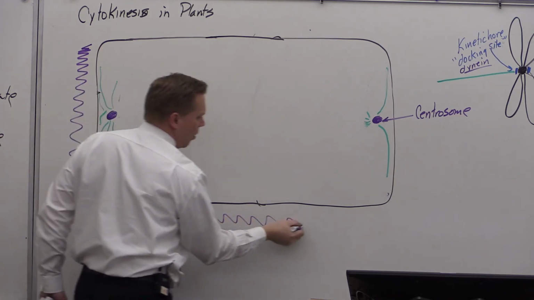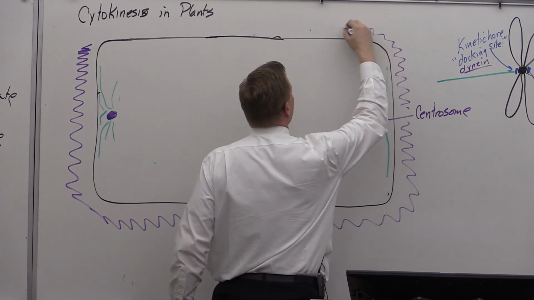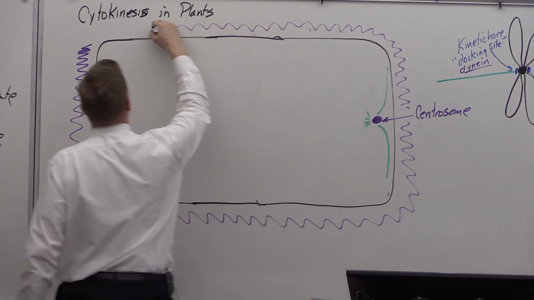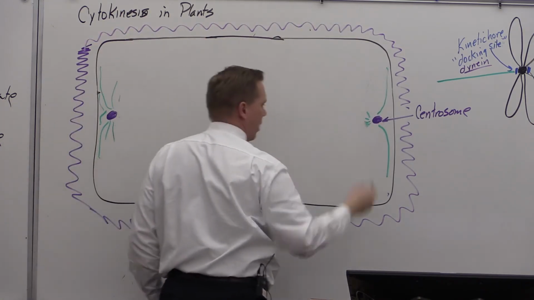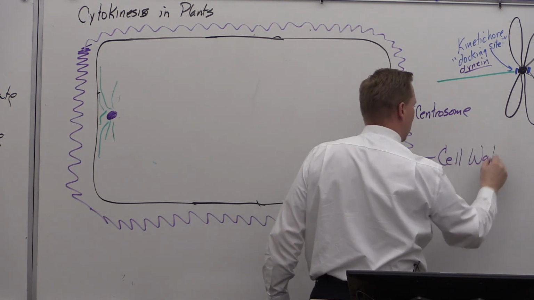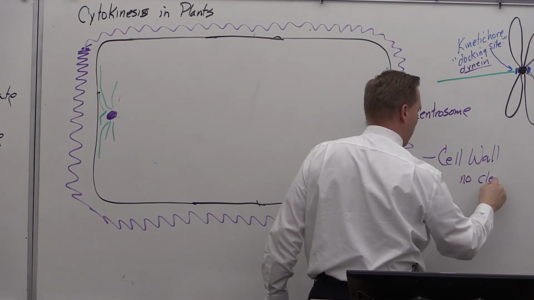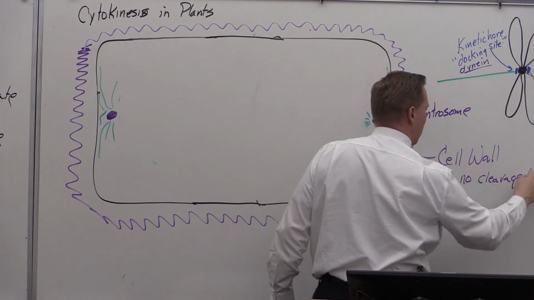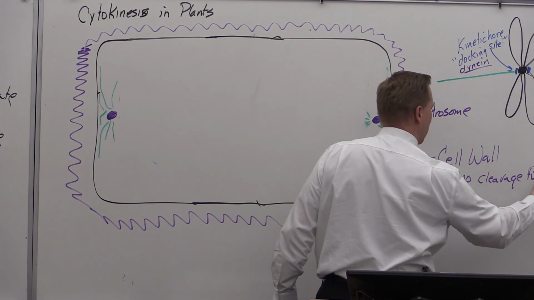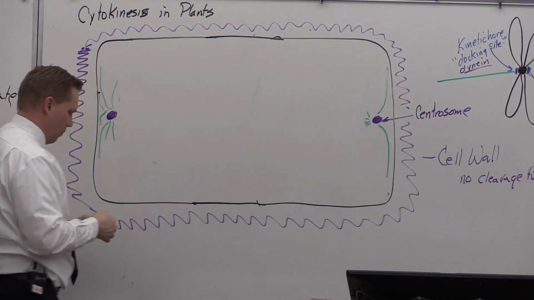And that rigid cell wall will keep the cell from forming a cleavage furrow. So right here we have the cell wall. And so we can't get a cleavage furrow because it can't bend in or bring in that rigid cell wall.